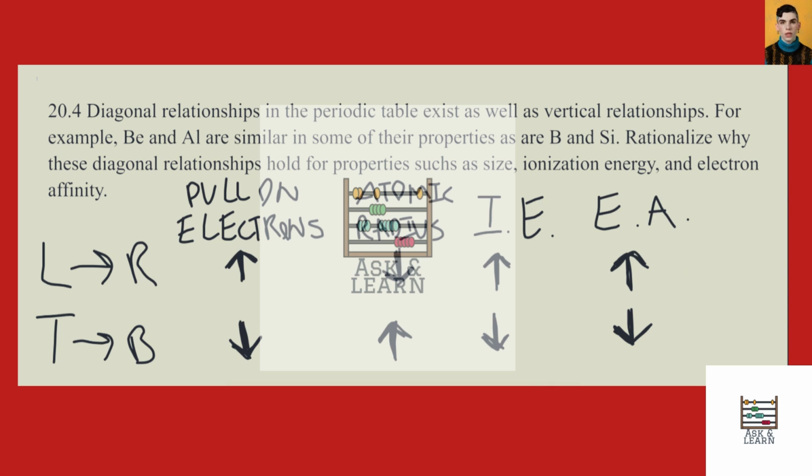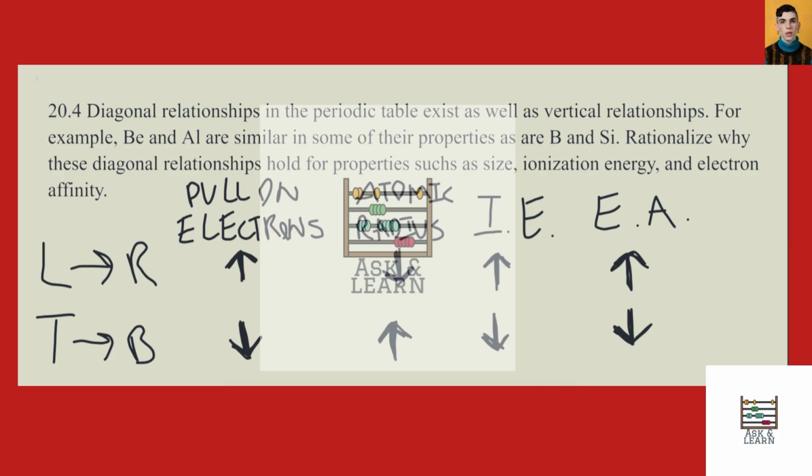So because the pull on our electrons is going up, then the energy it takes to remove an electron, the ionization energy, is going up as well. Electron affinity, remember, is the affinity that an atom has to attract an additional electron. Electron affinity will go up as the pull of that nucleus on those outermost electrons increases. So it also increases as we go from left to right.